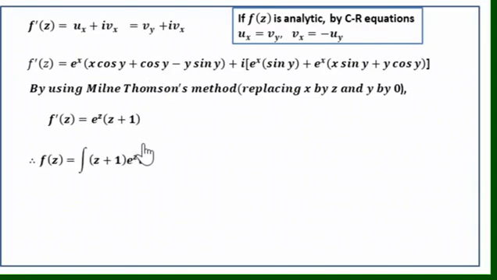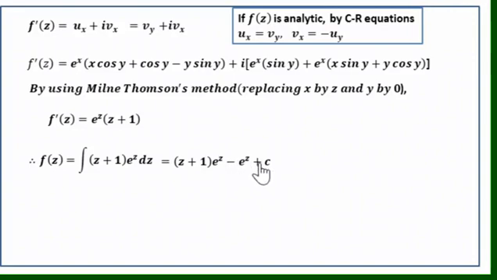Next, use Bernoulli's rule of integration by parts and integrate with respect to z. The first function is z plus 1, and the second function is e power z. The first term is the first function into the integral of the second function, that is z plus 1 into e power z, minus the derivative of z plus 1, which is 1, into the integral of e power z, which is e power z, plus the derivative of 1, that is 0.